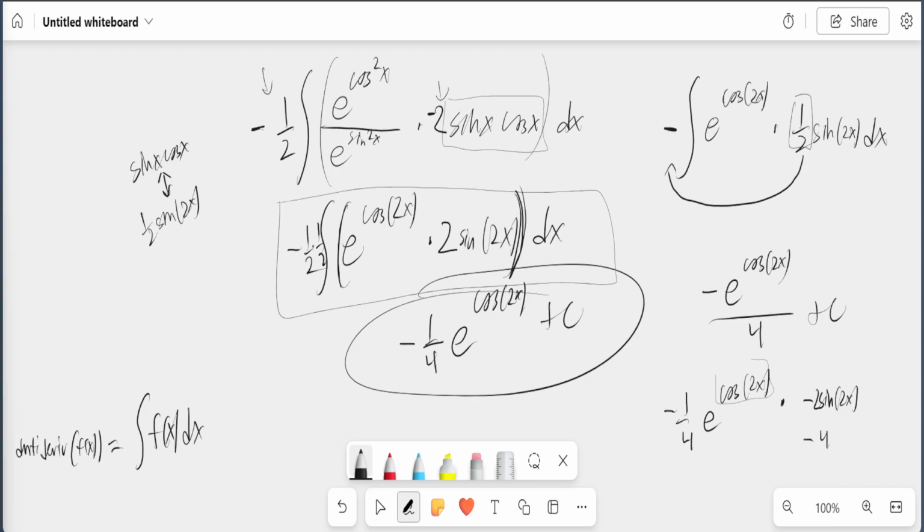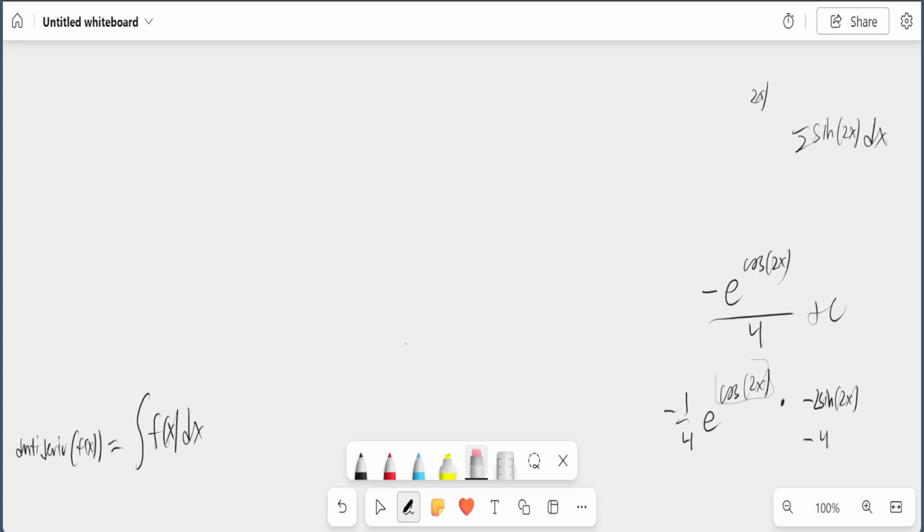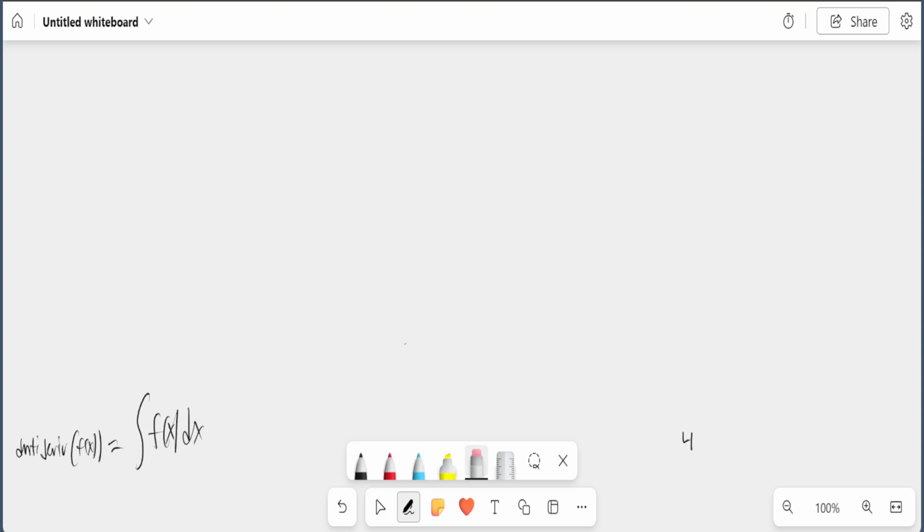I guess 22. Okay, 22. Okay, so cosine inverse x over square root 1 minus x squared dx.